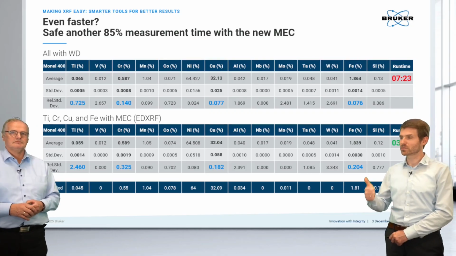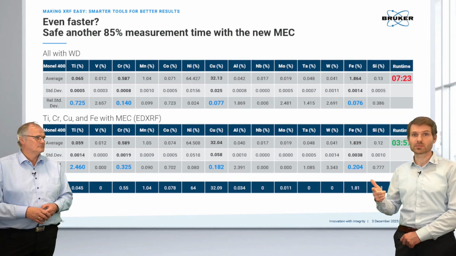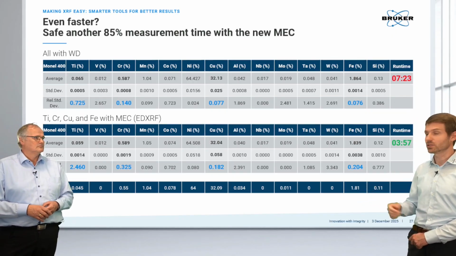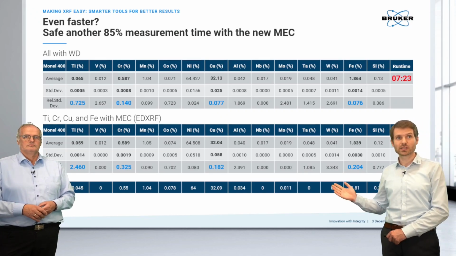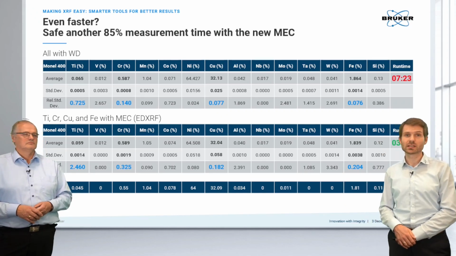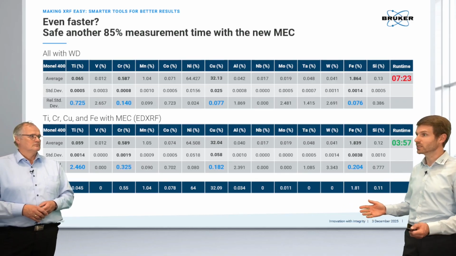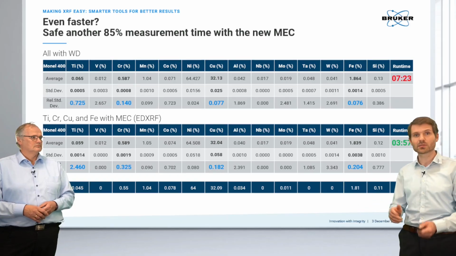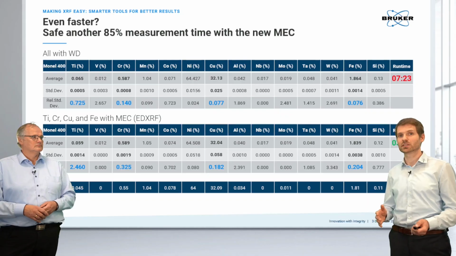So Kai, we've learned sensor boost, we've learned theoretical backgrounds, both helping us with time, especially also with improving data quality correlation. Here we've seen now with the multi-channel element channel that we can, for specific applications, really boost the throughput even more by simply putting some elements that maybe not of highest importance to the energy dispersive channel.